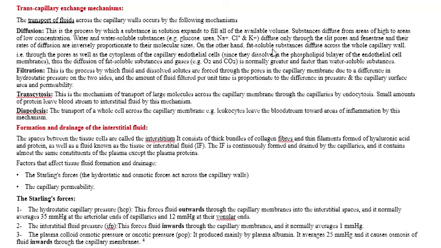Okay, so this happens only through the slit pores and fenestrae. That means there is an opening, and diffusion is inversely proportionate to molecular size. So the substance diffuses from an area of high concentration to an area of low concentration.